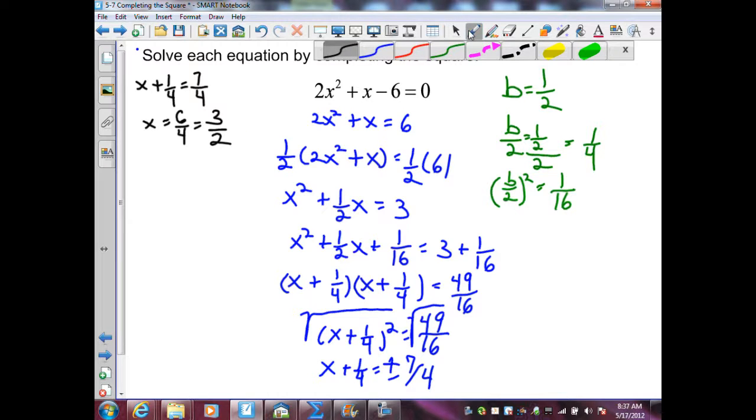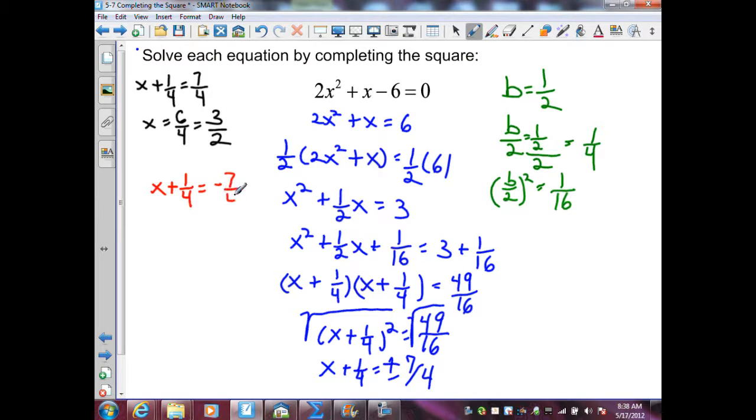And my second equation can equal x plus 1/4 equals a negative 7/4. Subtract 1/4, x equals a negative 7/4 minus 1/4 is going to be a negative 8/4, which is a negative 2. Therefore, my solutions are a negative 2 and 3/2.